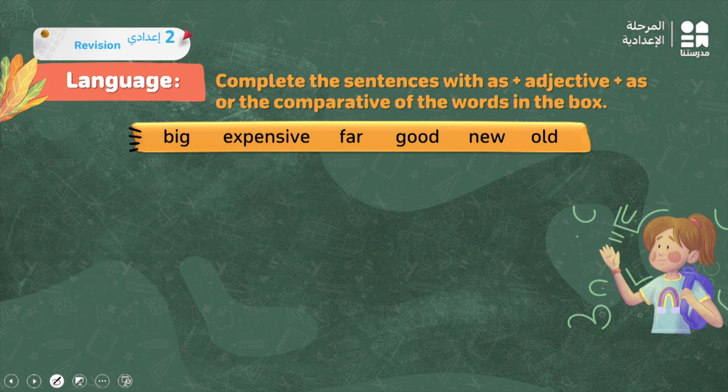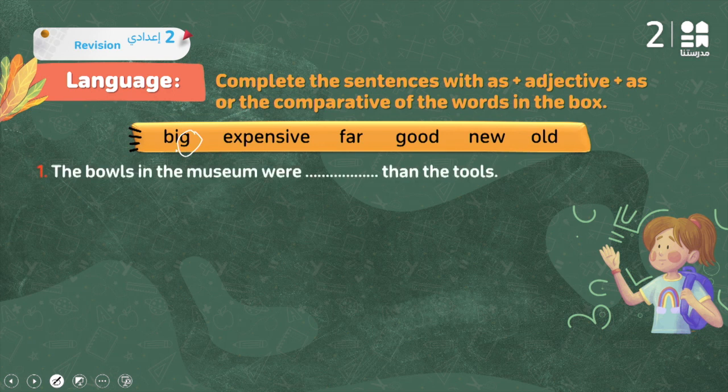Big ends in G, and G is preceded by the vowel I, يعني قبلها حرف متحرك I. So as I told you in the previous session, لو احنا عندنا short adjective and before the last letter I have a vowel, يعني قبل آخر حرف في vowel, I should double the last letter to be bigger with double G.